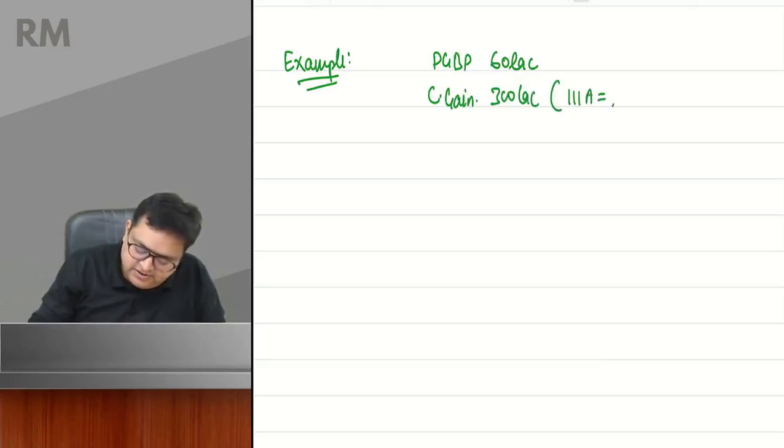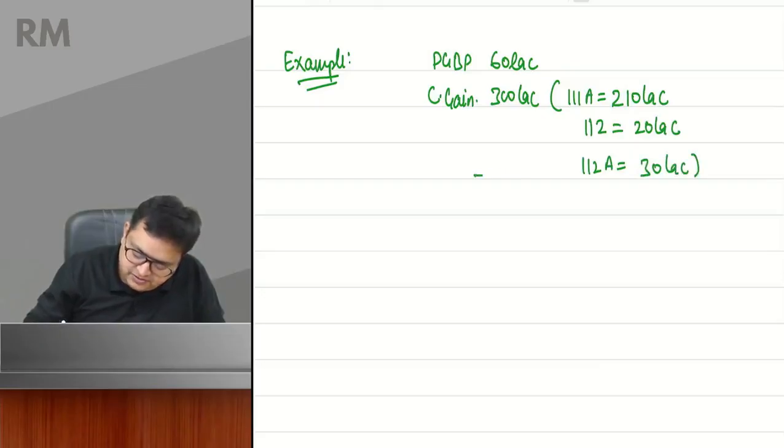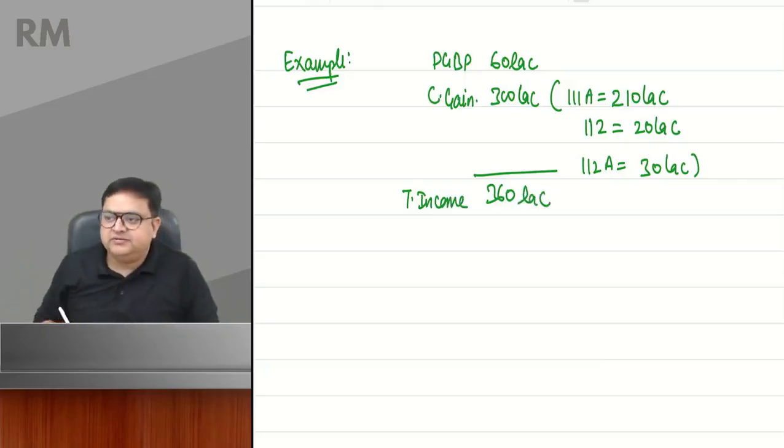This person has PGB income 60 lakh, capital gains 300 lakh: triple 1A 210 lakh, 112 20 lakh, 112A 30 lakh. His total income is 360 lakh.